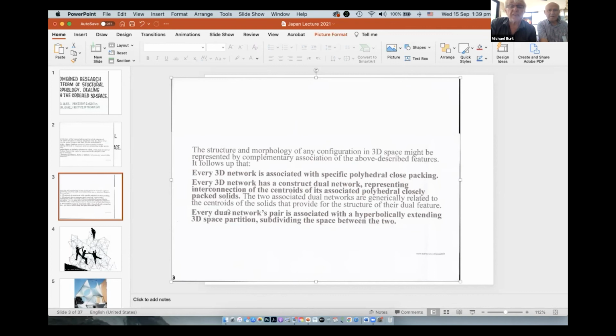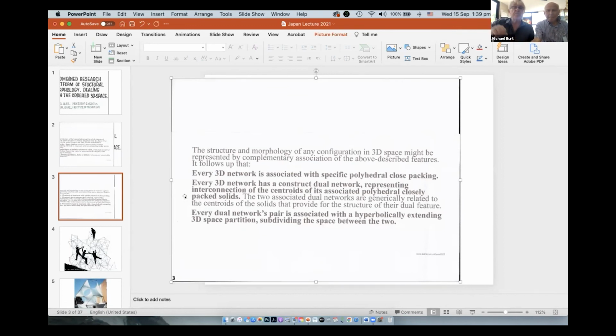The two associated dual networks, one inside the other, are genetically related to the centroids of the solids that provide for the structure of their dual feature. Every dual network pair is associated with a hyperbolically extending 3D space partition, subdividing the space between the two. This surface is a partition subdividing between two dual cubic networks.